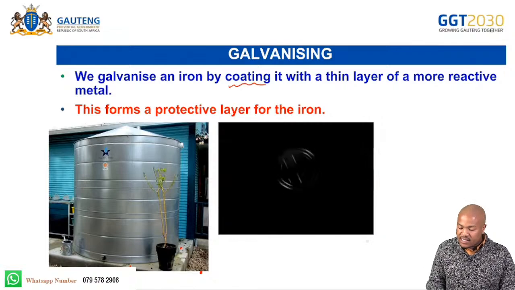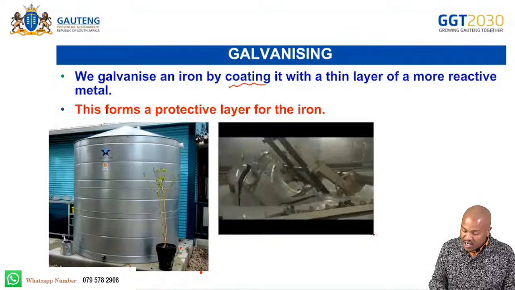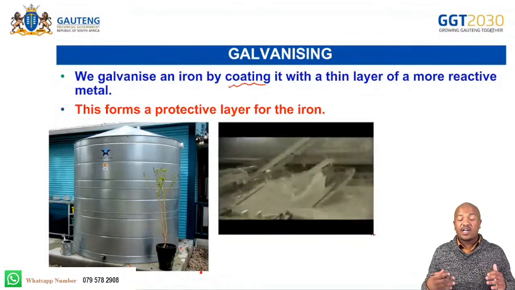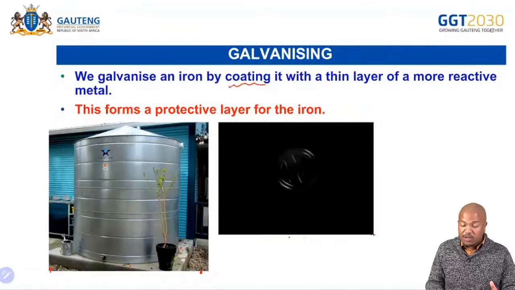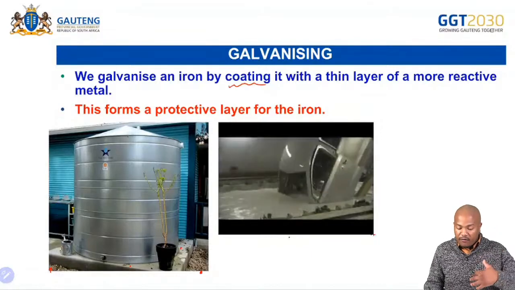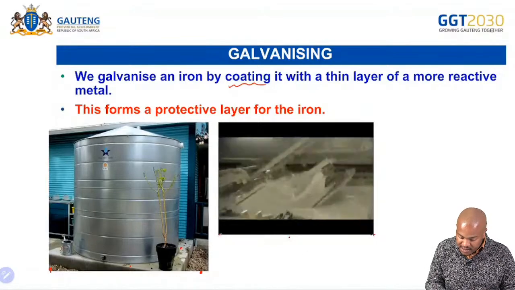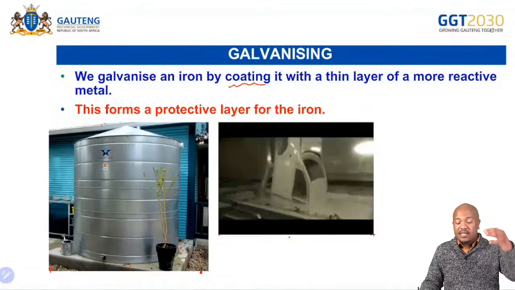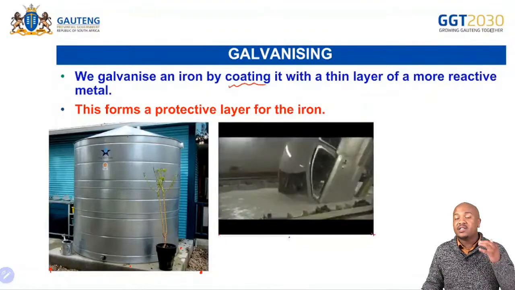So we often see cars that last longer as well. Our manufacturer here, VW, is showing us a galvanizing process, when it's putting that thin layer of a more reactive metal inside to galvanize it, so that it covers the core metal of the car and it prevents it from rusting.